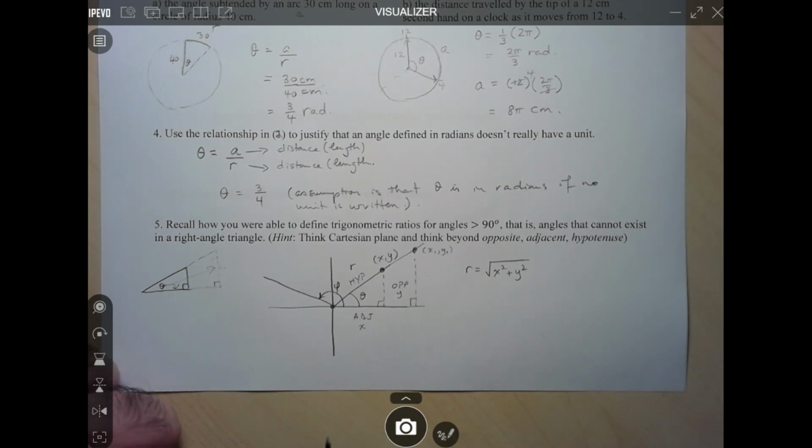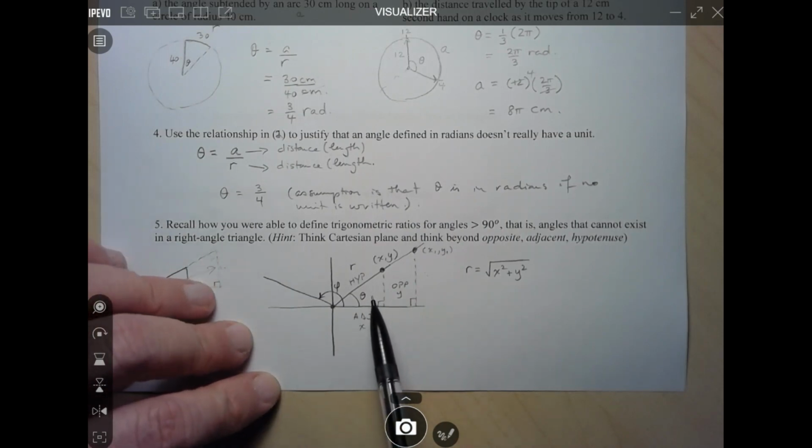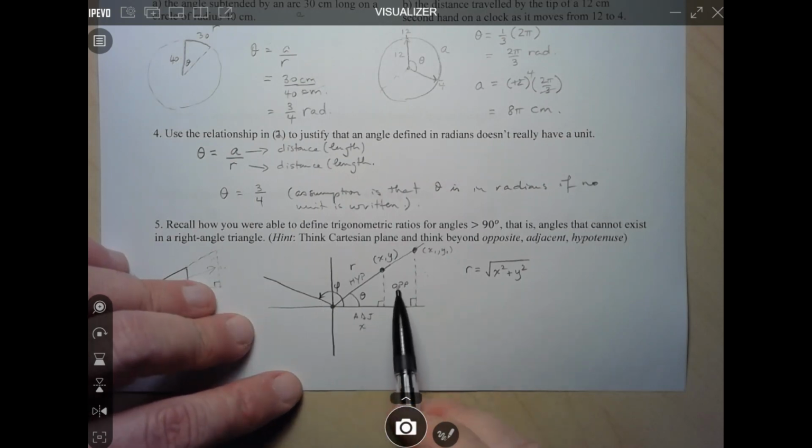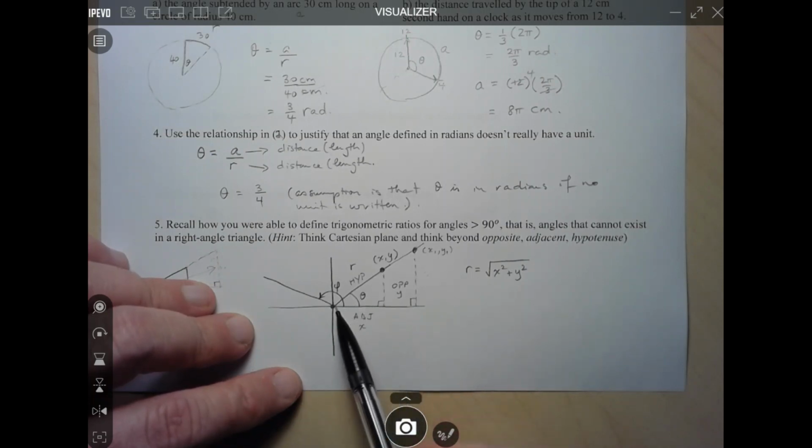Okay, so why is it useful to reinterpret how we define our side lengths? Instead of thinking of them as side lengths, we think of them as the coordinates of a point on the terminal arm and the distance of this point to (0, 0).